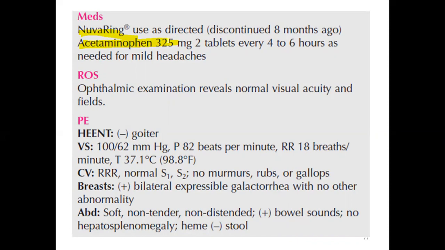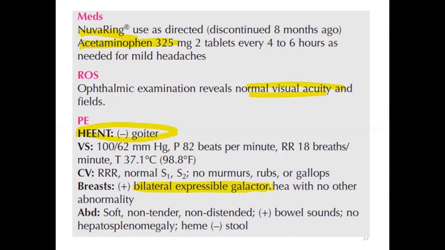Normal. The examination shows that she has normal vision, no eye problem. She's negative for goiter. Everything else looks normal, except for the breasts. Apart from the bilateral expressible galactorrhea, there are no other abnormalities.